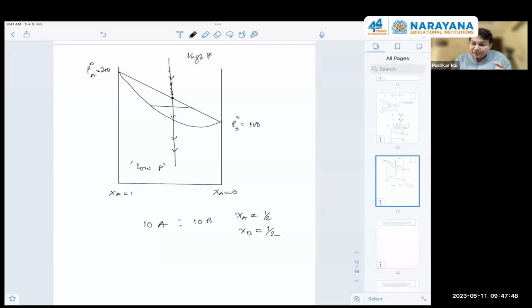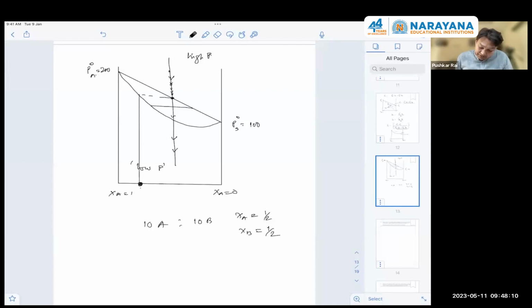So the first trace of vapor will form. So liquid's composition will not change because first trace of vapor means what? Liquid is in lot of amount. Vapor is very small. Okay, so in that situation, liquid's composition will not change. What will be the composition of vapor? Definitely composition of vapor will be this.